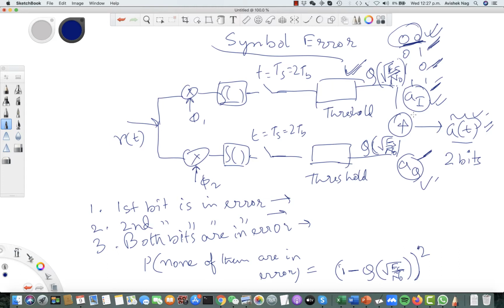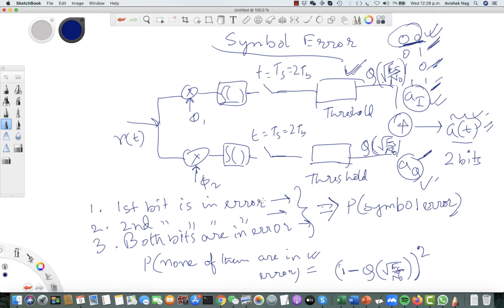Okay, so all these three cases are complementary to this case. So this probability is the probability of symbol error. Okay, so probability of symbol error will contain these individual probabilities.